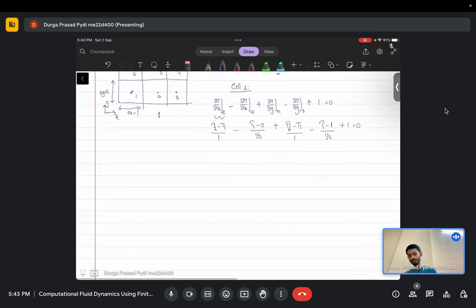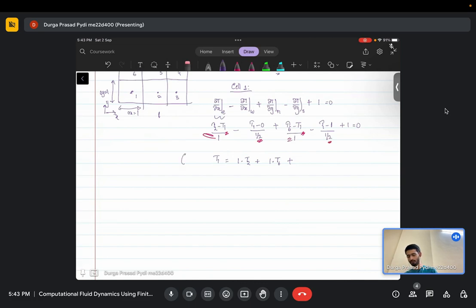Now if you see the coefficients, we will take 1 to the other side. So T1 will be in terms of T2, T6 and some constant terms. The coefficient of T2 is only from this term, so that is a value of 1. The coefficient of T6 will be only from one term, that has a value of 1. Now the coefficient of T1 will be 1 from T2, 1 from T6, and then you have two boundaries, so that is over half and half.